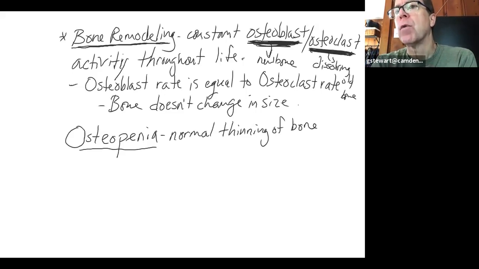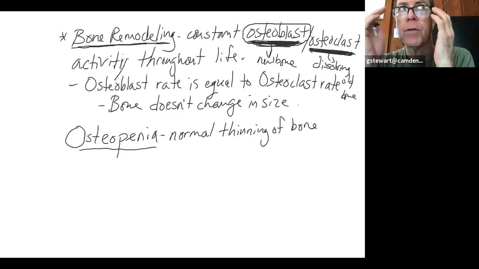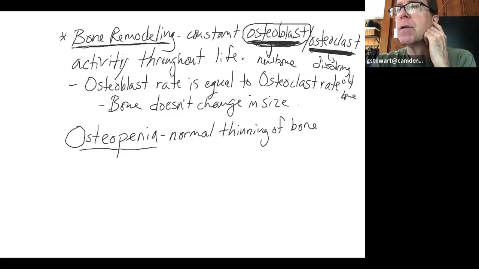When we're growing, when we're young, osteoblast activity is higher or faster than osteoclast activity. When we're adults, say from the end of our growth spurts through, say, our mid-50s, for women, it occurs upon menopause, what I'm getting into next.